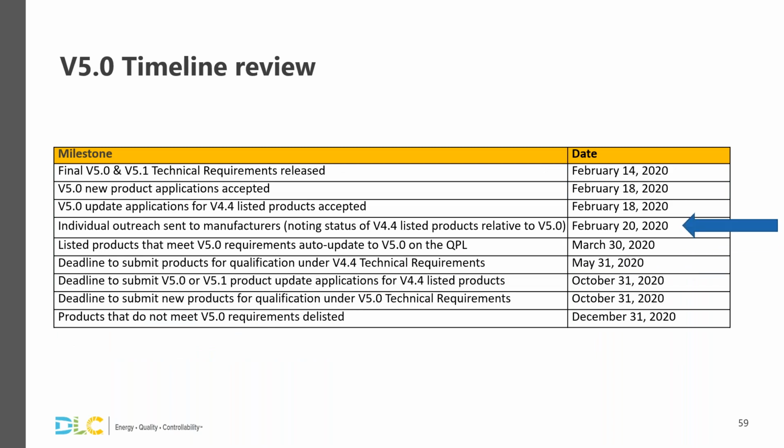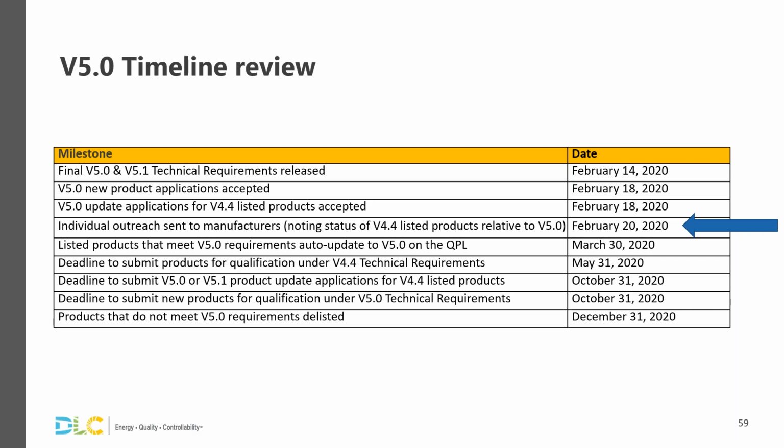This summary table is located in the manufacturer's guidance. It has taken the timeline that I just described in the last slide and placed it in a table format and includes all of those dates, including some additional dates that may be important. One date that I want to highlight to everyone is today's date, February 20th.